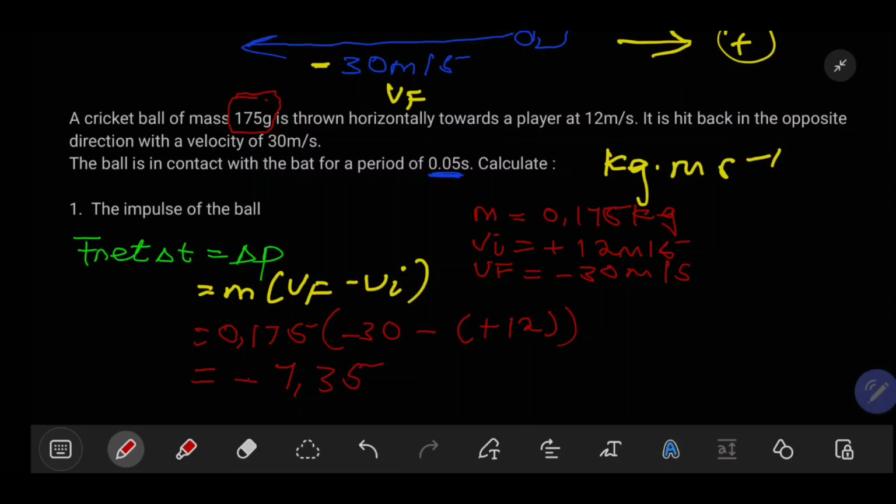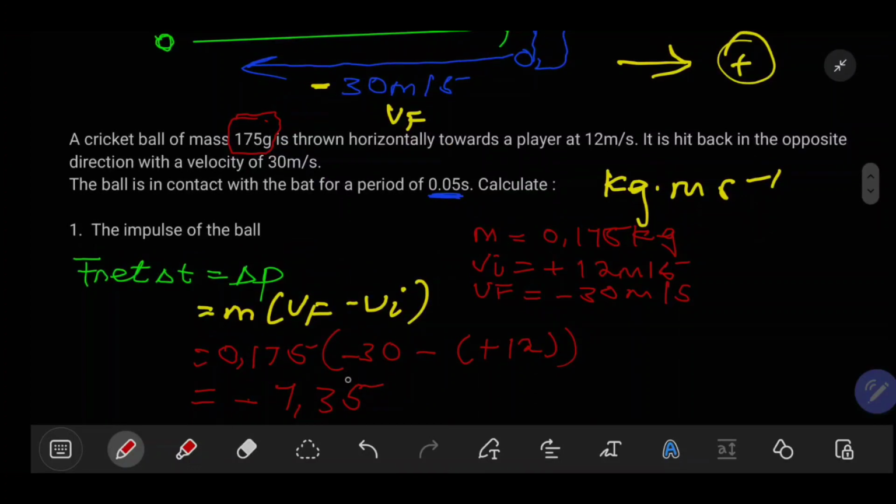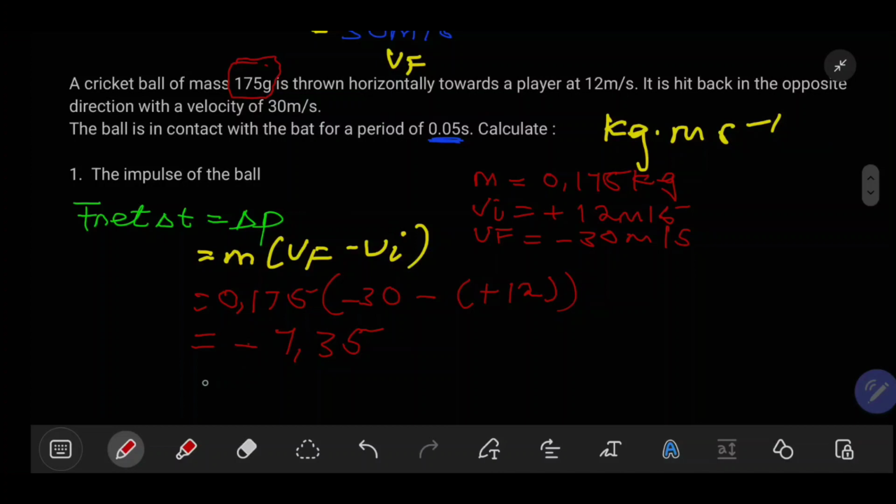So this negative is showing us the direction in which the momentum is changing. So we can say our final answer is 7.35 kg meter per second.